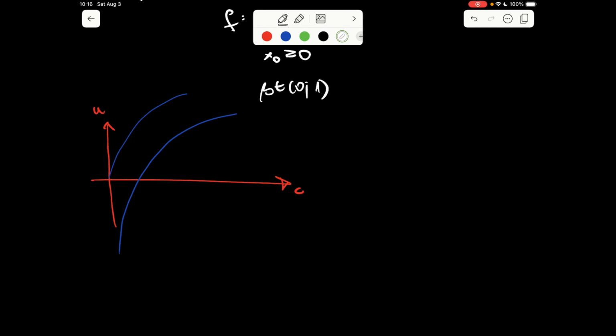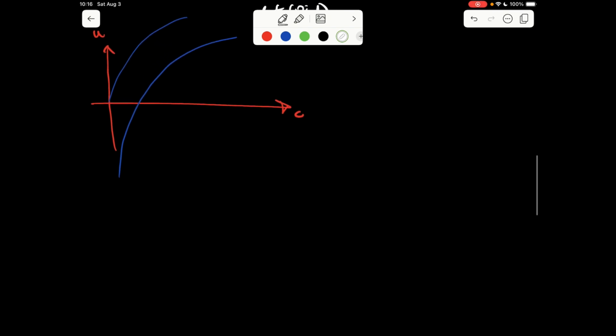Okay, and let's have a look. Finally, let's have a look at the assumptions regarding technology. There is a maximum sustainable capital stock x upper bar. So this is the maximum level of capital stock.